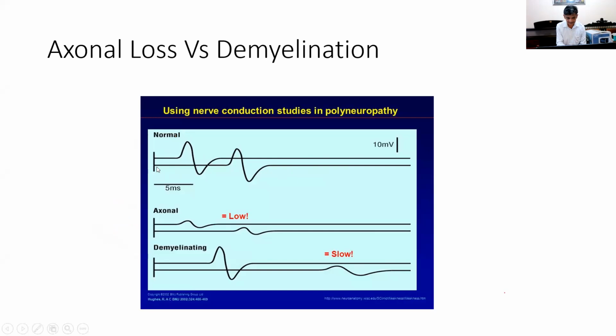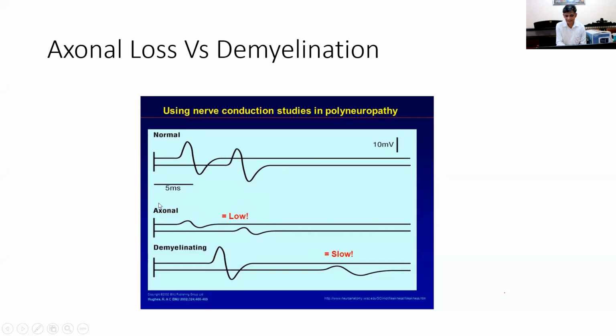And the second line, the bottom line, is the proximal stimulation, stimulation at the elbow. It takes longer latency because it has to travel from elbow to wrist. So this is the normal pattern.